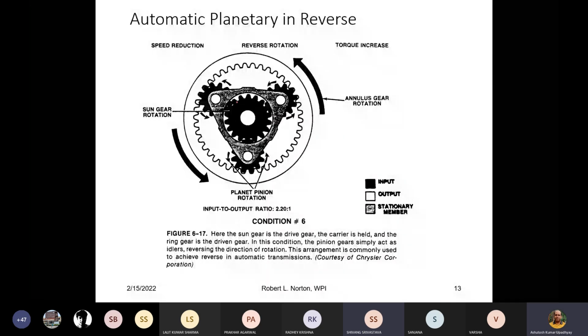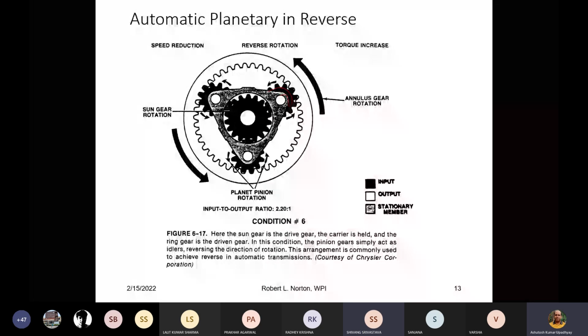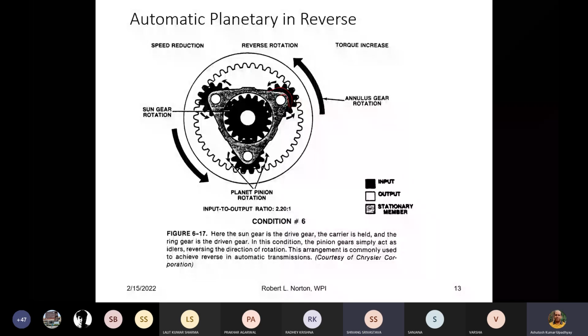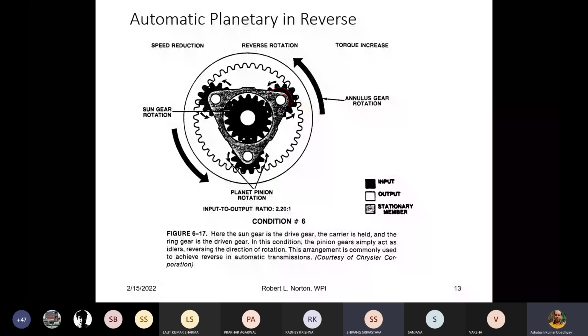The sun gear is rotating. It is creating rotation in the planet gears, which are the idlers, and then it will be transmitted to the ring gear. So that is the way when you are engaging with the help of that dog clutch, it will be transmitted. Now the movement of that dog clutch is controlled by the torque converter.